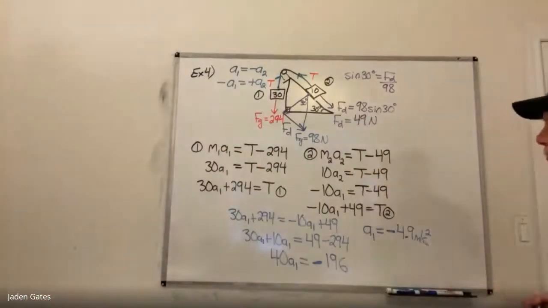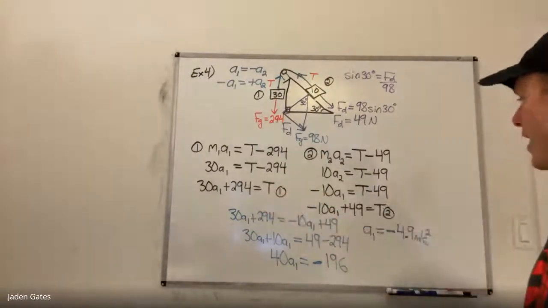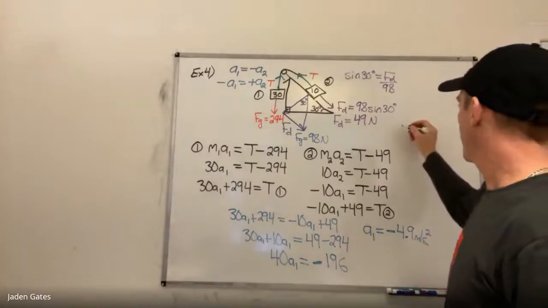The last thing is to substitute into one of our equations to find the tension in the rope, the force supplied by the rope. I always like to use the one with no negative signs or smaller numbers. So I make a substitution.